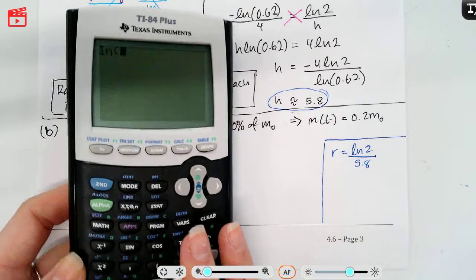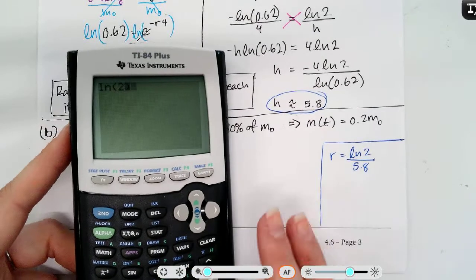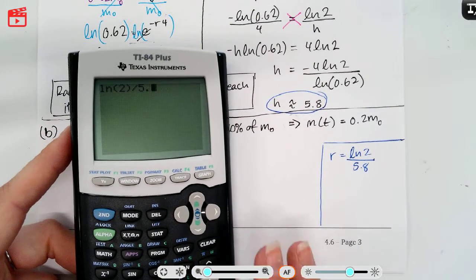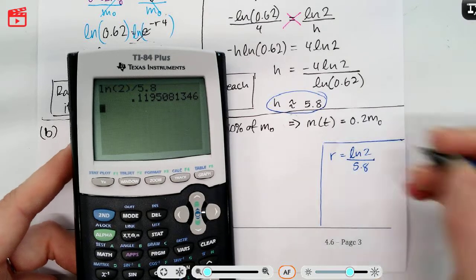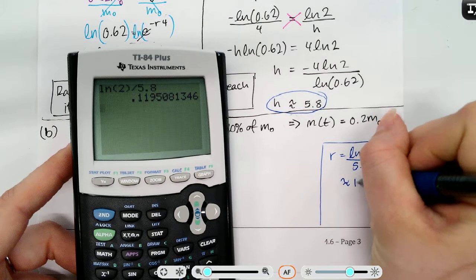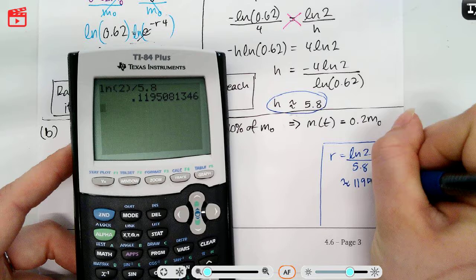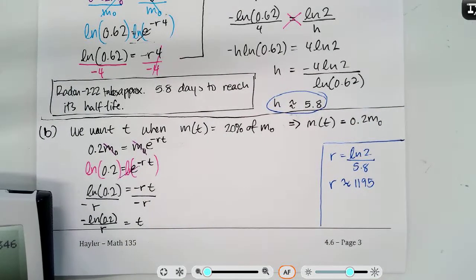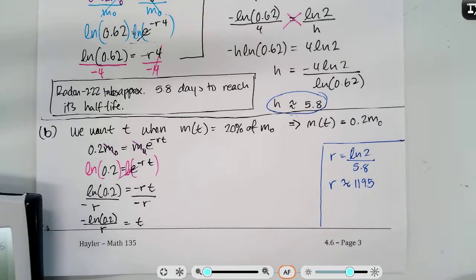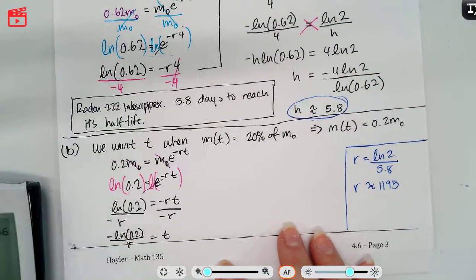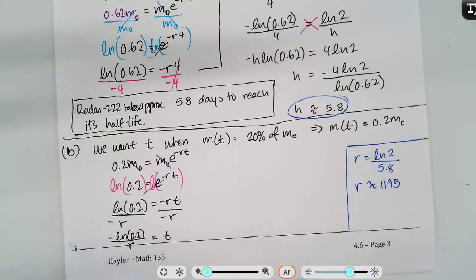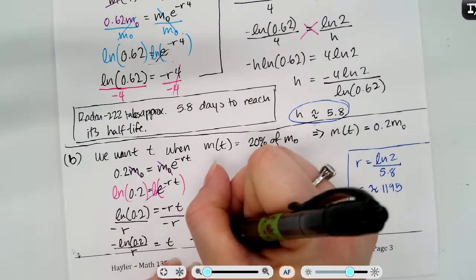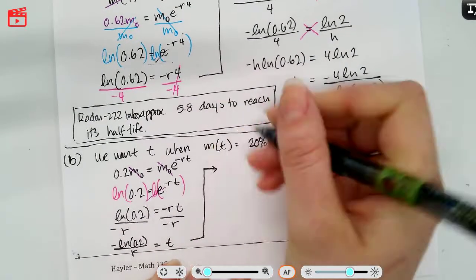Okay, so let's plug that into our calculator to find out what r is. So r is going to be natural log of 2 divided by 5.8, which is about 0.1195. I'm actually going to go ahead and plug this all entirely into my problem to avoid rounding off too much.